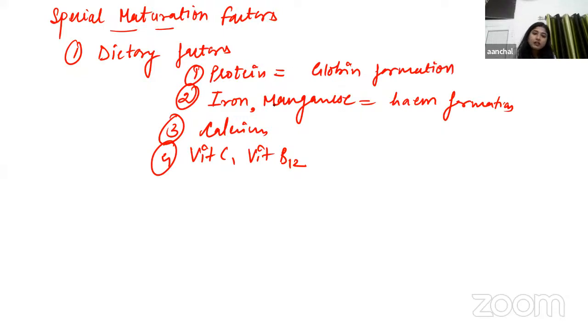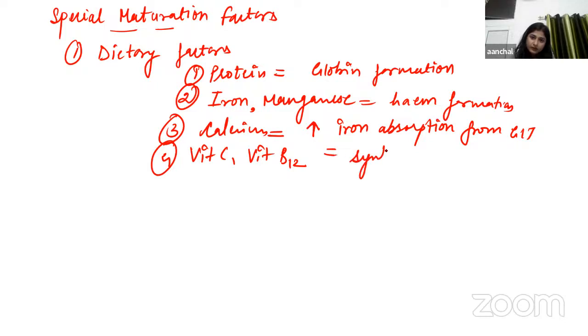Then calcium. Calcium is responsible for increasing iron absorption from GI. Then last we have vitamin C and vitamin B. So they help in synthesis of nucleic acid.